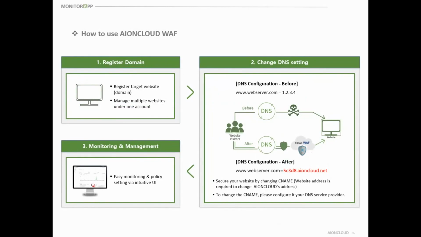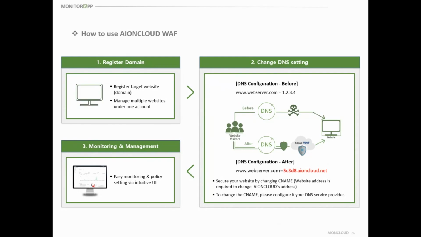So, to use the AIONCLOUD WAF, you need to register your own website as a domain name. You don't need to make changes on your server system. After the registration, AIONCLOUD will create the CNAME for the web server only for you.